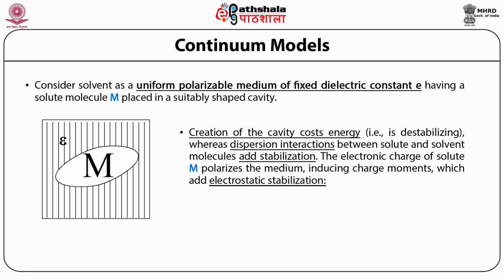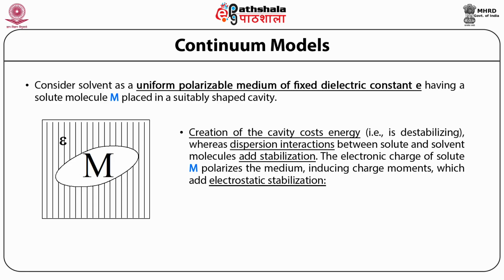Whereas the dispersion interaction between solute and solvent stabilizes the cost of this cavity. So we lose the space in the polarizable medium, but there is an interaction between the solute and solvent which is favorable, and then it balances. So the electronic charge of the solute M polarizes the medium, inducing charge moments, which also adds to electrostatic destabilization or stabilization.